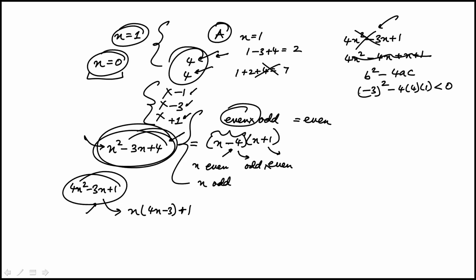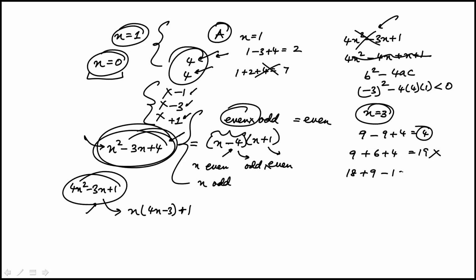Now, if you're not comfortable with 0, your other options would be try something larger, because I know for the 1 or 2, they're going to make others work. So if you're doing 3, let me do that here. 9 minus 9 plus 4, so that's even. 9 plus 6 plus 4, so that's 19, so that one is out. 18 plus 9 minus 1, that's even. 18 plus 6 minus 3, 24, so that one is out.